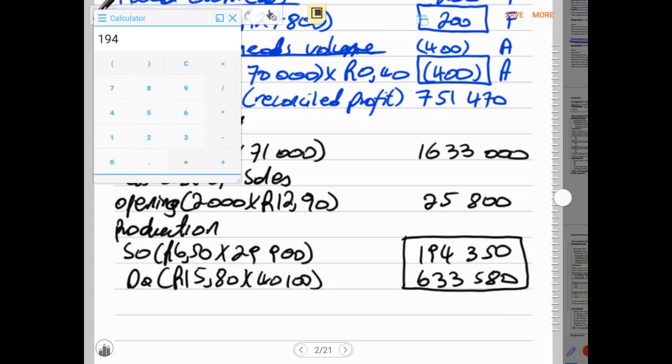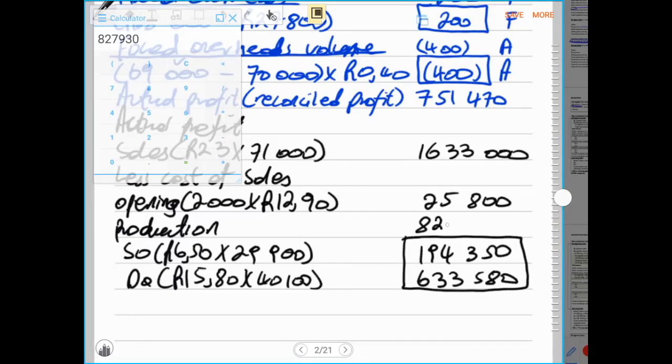Then 194,350 plus 633,580 will give us 827,930.